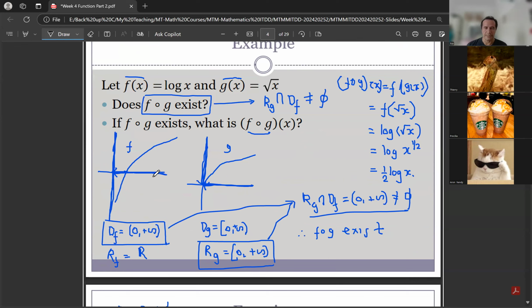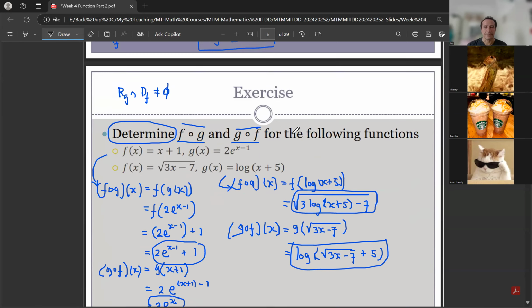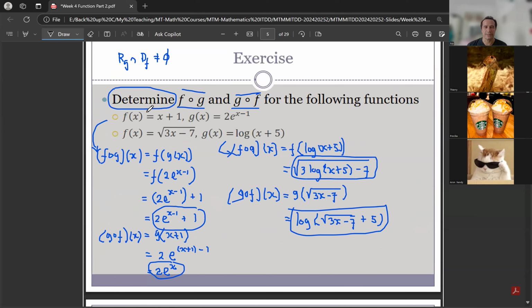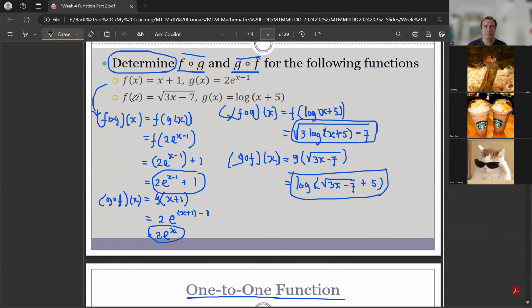The consistency will ask about this intersection, and the formula will be about how to calculate them. And the exercise is about calculating FOG and GOF. This is applied to the problem.